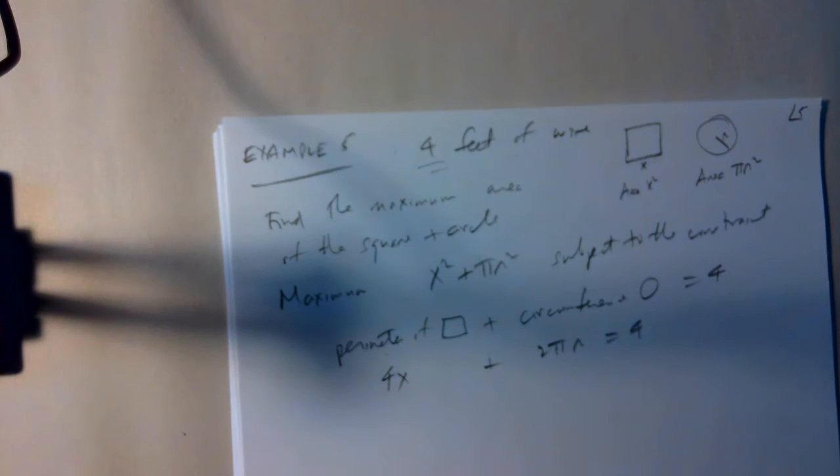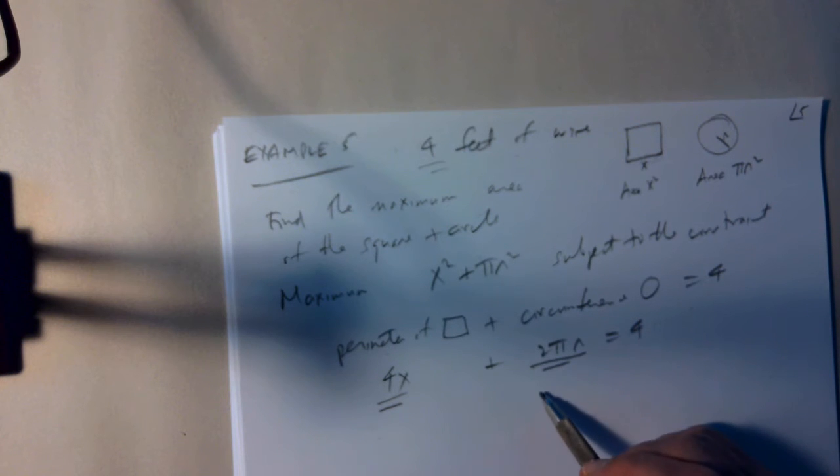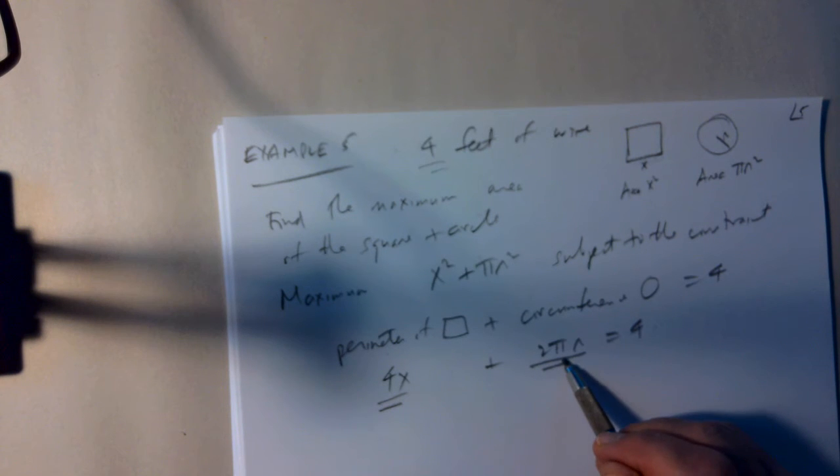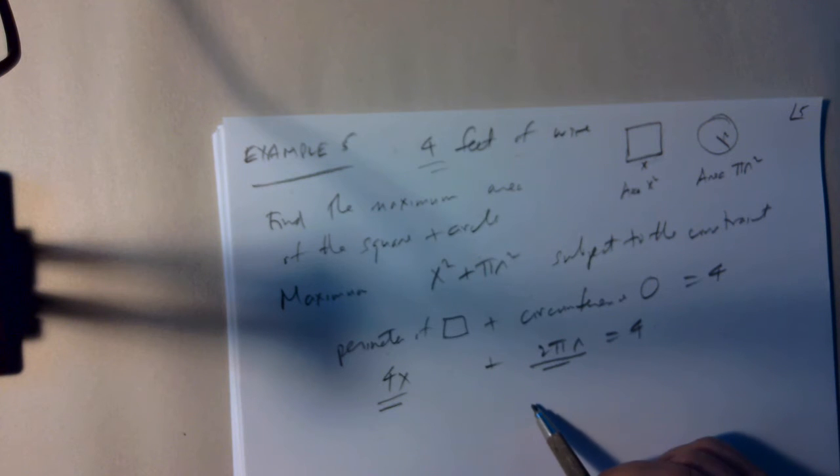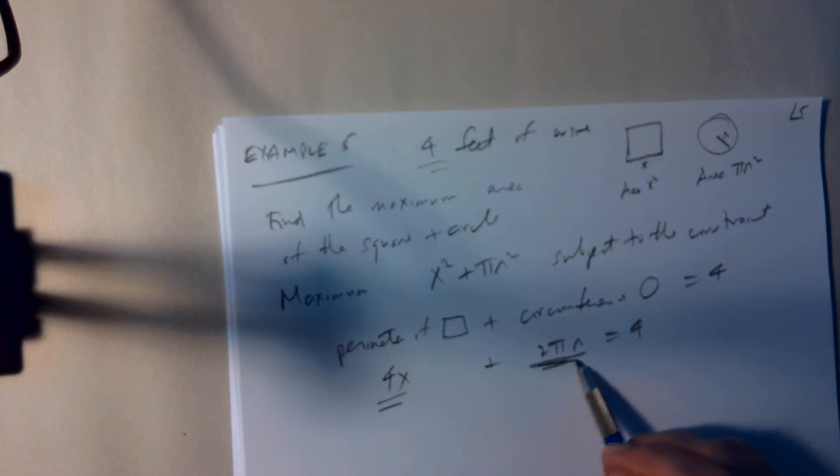Now, if the square has a perimeter of 4x, the perimeter of the circle will be what? No, sorry, let's just do it like this.